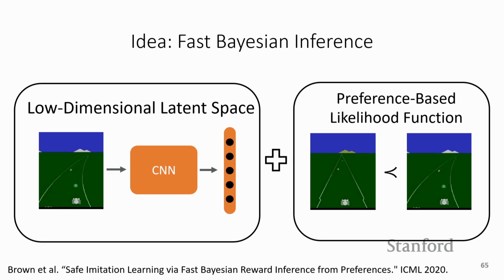First, we're going to learn a low-dimensional latent space that we pre-train, a nice embedding space, so we can go from high-dimensional inputs down to a lower-dimensional space that makes our Bayesian inference more tractable. And second, we're going to use a preference-based likelihood to make this calculation a lot faster and avoid having to run a reinforcement learning algorithm every time we want to evaluate a new reward function.